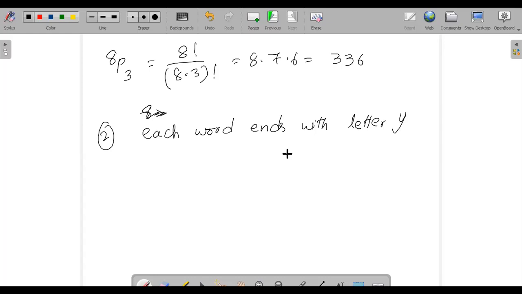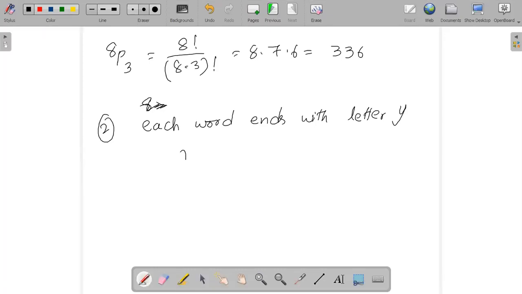Same as above. So N will be 9 minus 1, which is 8, and R will be 4 minus 1, which is 3. So you get 8P3, which is 8 into 7 into 6.